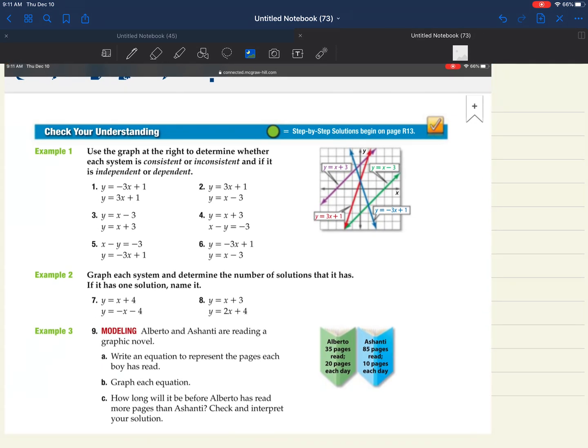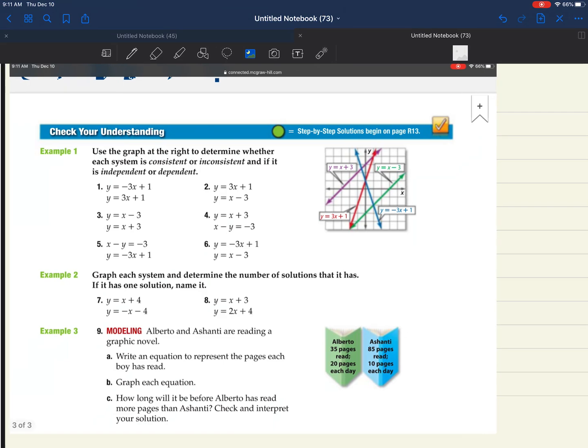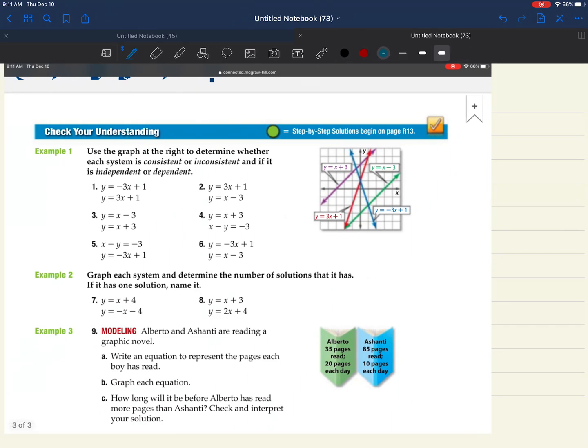Okay. All right. So the directions say use the graph at the right to determine whether each system is consistent or inconsistent. We're not worried about that. We're not worrying about independent or dependent. All I want you to do is look at the graph and tell the number of solutions. Okay. So we're going to look at number one.